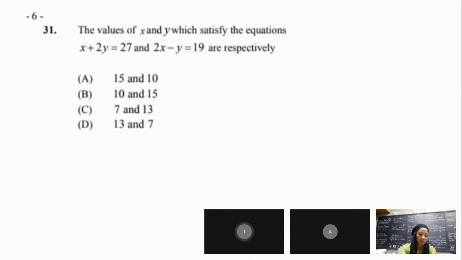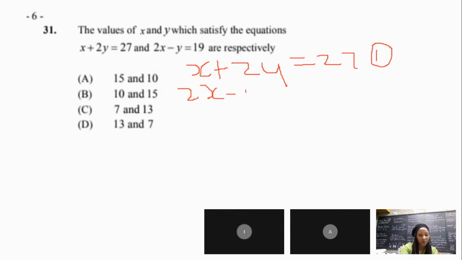Miss, so this would be simultaneous equations. So we have x plus 2y equals 27. That's equation 1. And 2x minus y equals 19. That's equation 2.